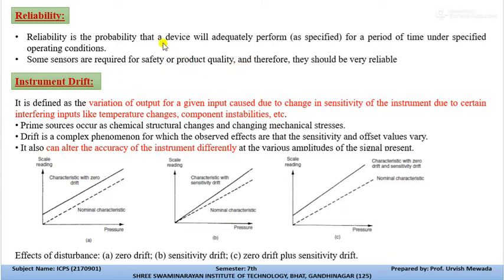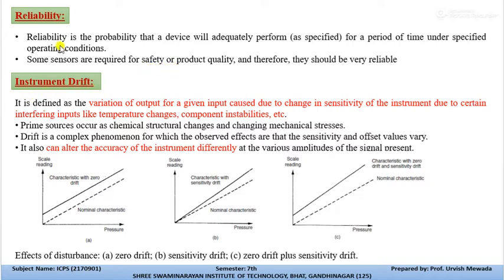Reliability is the probability that a device will adequately perform for a period of time under specified operating conditions. Some sensors are required for safety or product quality, and therefore they should be very reliable. So an instrument is called reliable only when it responds properly in each and every condition and each and every period of time.